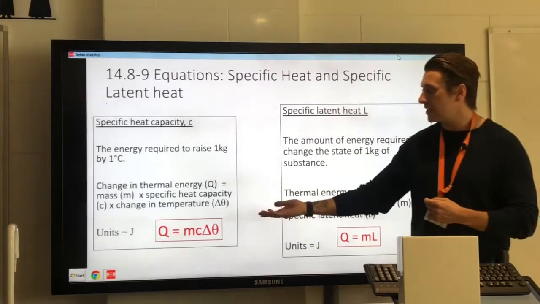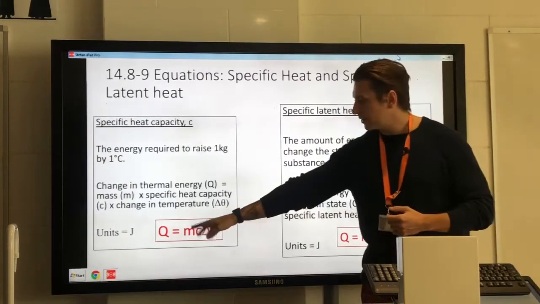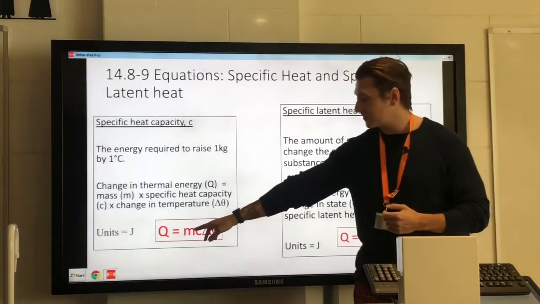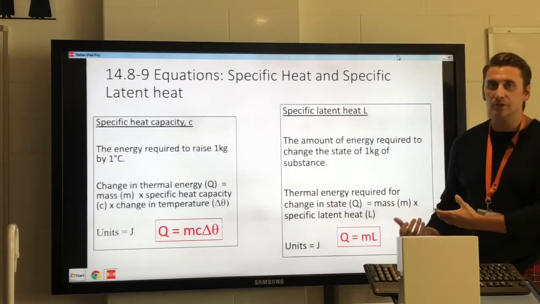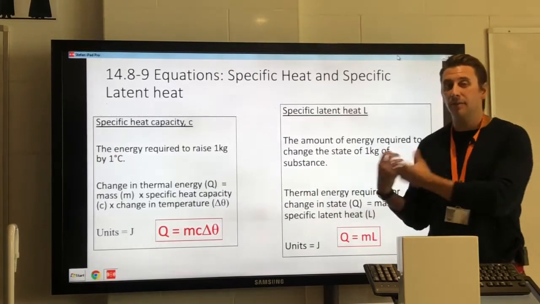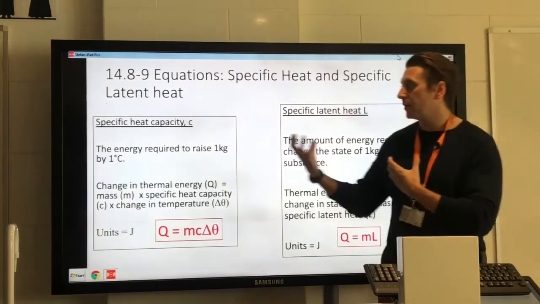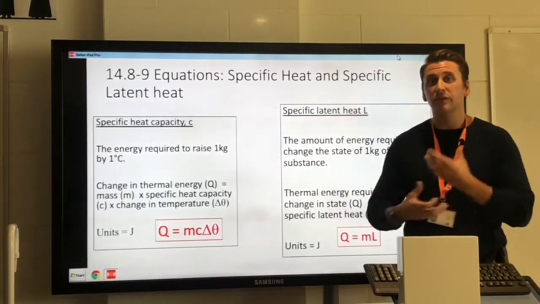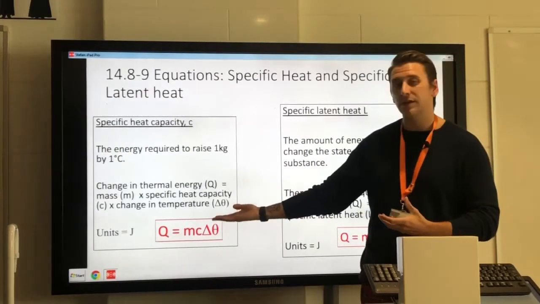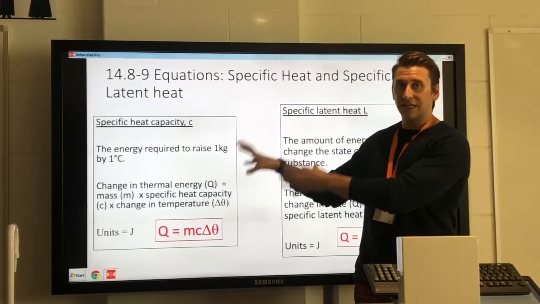If I'm changing temperature, how do I know which one I have to use? The easiest way to determine that in an exam is to ask yourself, am I working with a temperature change? If the temperature of a substance is changing, then it will be Q equals mc delta theta, the specific heat capacity.